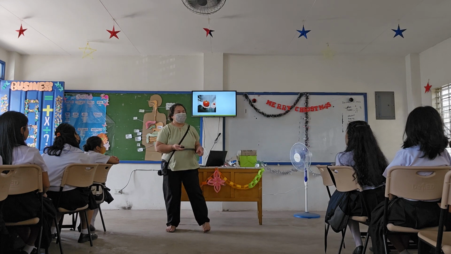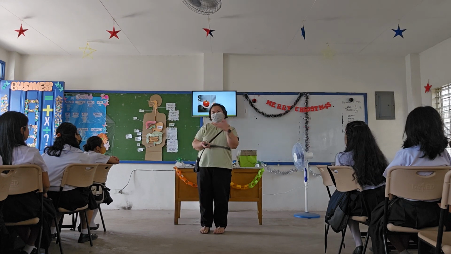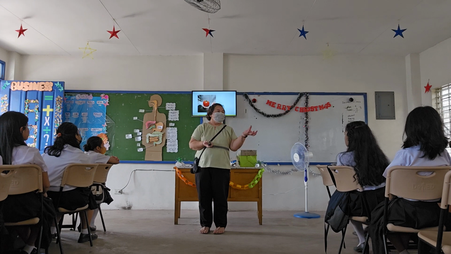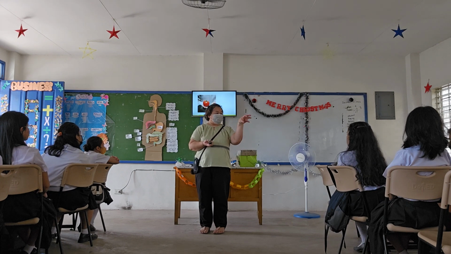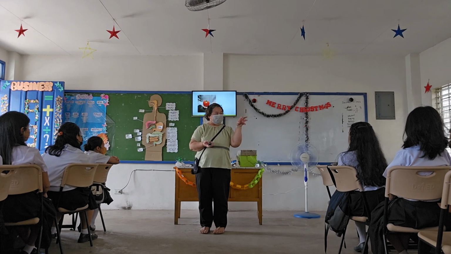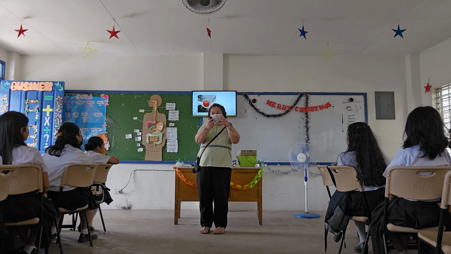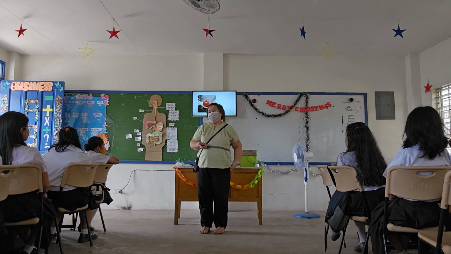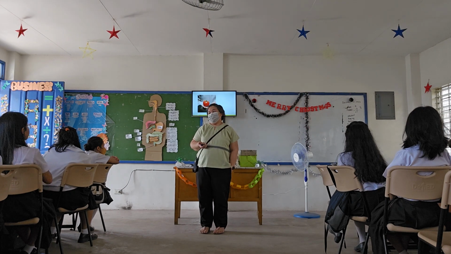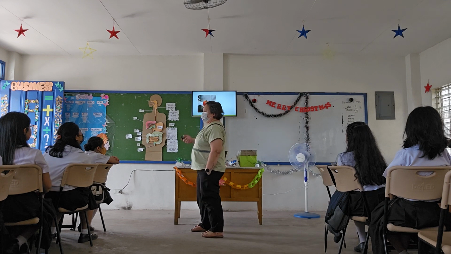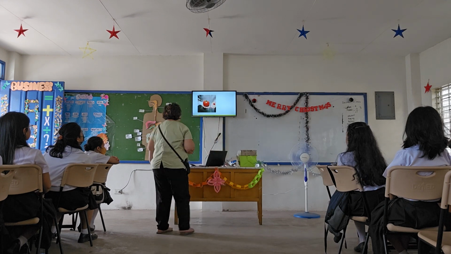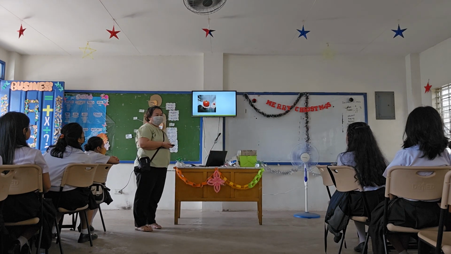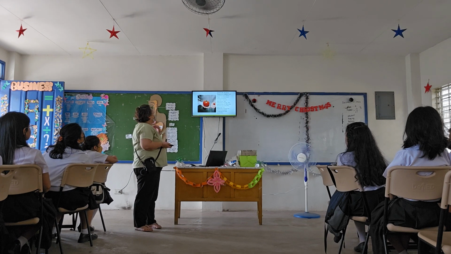Pero, syempre may risks and benefits. Like for example, yung mga nanay natin, like me, mas gusto ko yung maliliit na talong kasi mas mataas siya yung eggplant na maliliit yung local. Yung mahabang eggplant na kulay violet, that is not locally made, pero nag-breed na siya. Like for example, tomatoes, pinalaki nga siya. So later on, we will study about the benefits and risks.